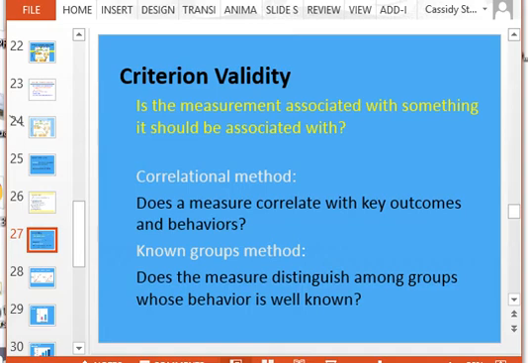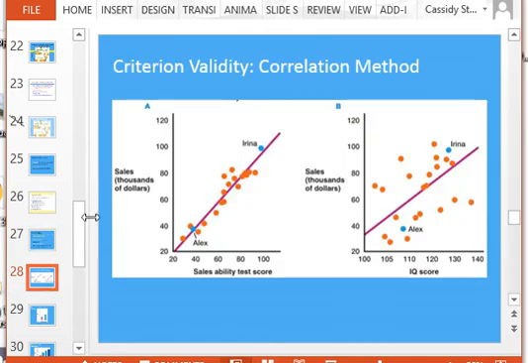And the known groups method is that, regardless of how somebody scores on my test, I could see whether I'm right or not by looking at groups of people that I know should score a certain way and seeing whether my test accurately discriminates between those two groups of people. So let's give an example here.